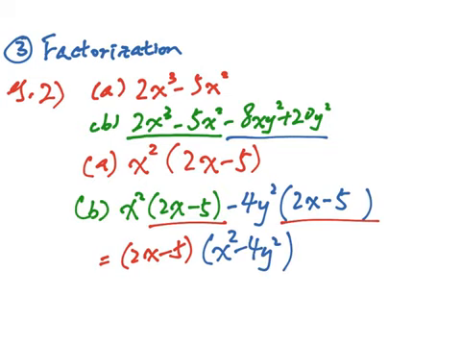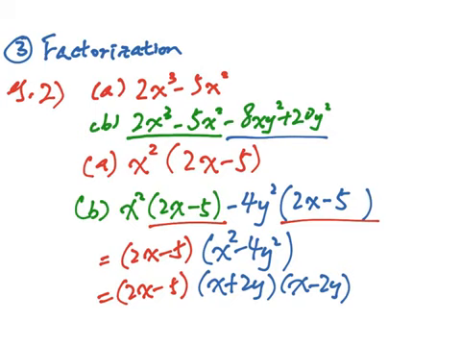But it's not the final answer, because x squared minus 4y squared can change to x squared minus (2y) squared. So that means we can apply the difference of 2 squares. One more step: so 2x minus 5 and then x plus 2y, x minus 2y.